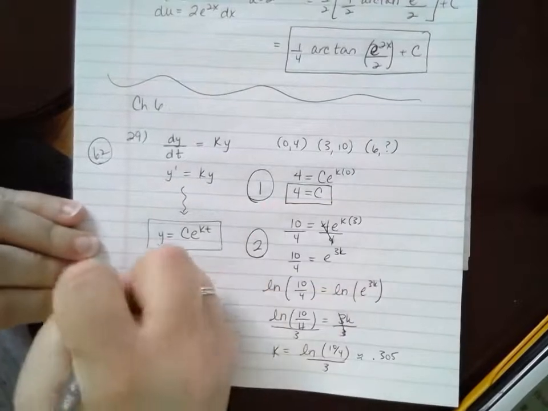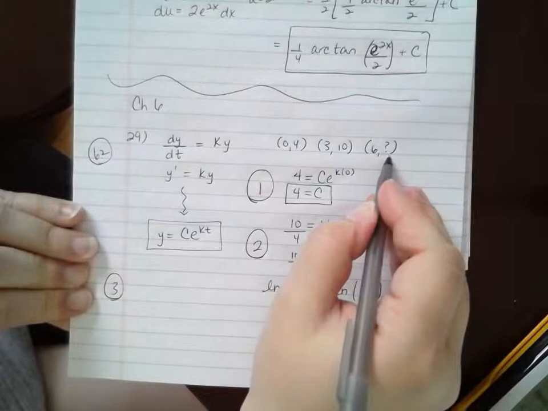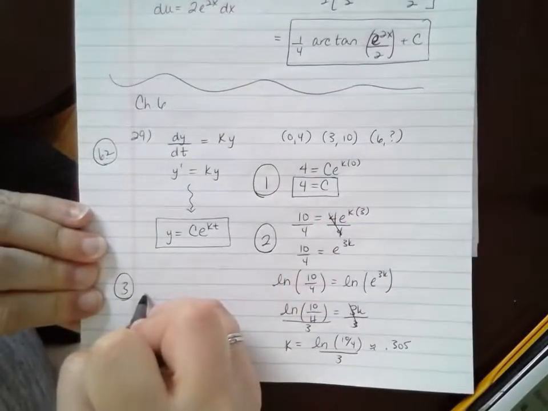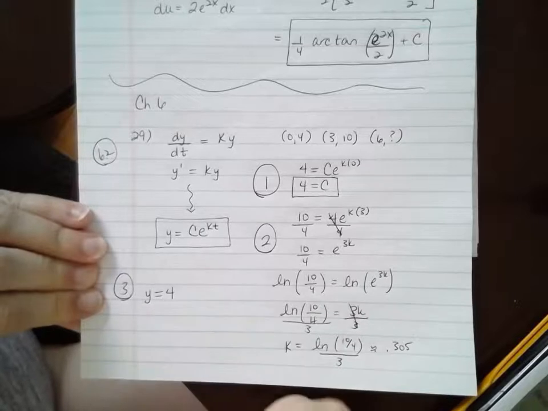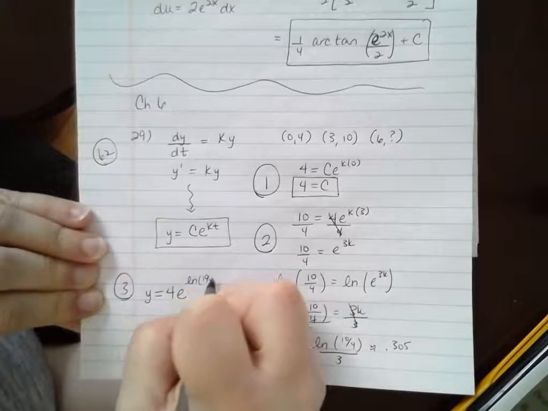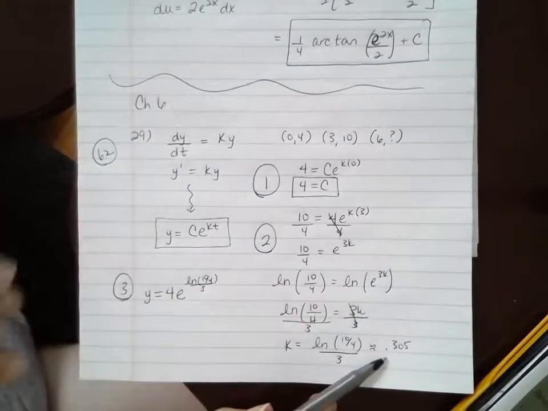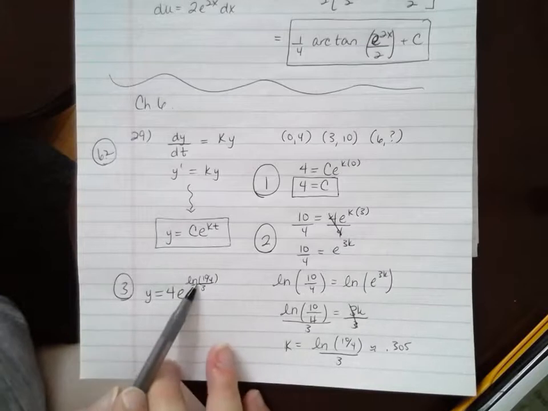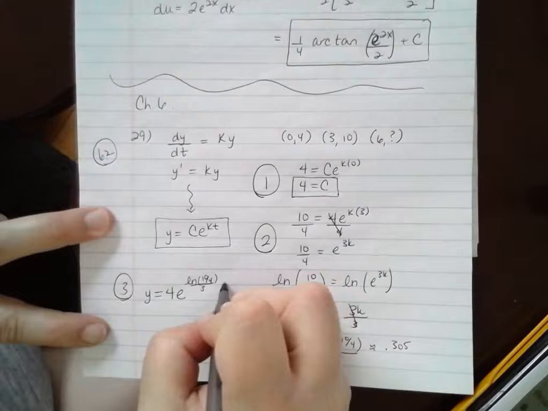And now the third thing is by taking this t value, we're able to figure out the y. I've got y equaling 4, which doesn't change, e to the natural log of 10/4 over 3. If you want to write 0.305 here, you can, but I would suggest that you actually use the exact value instead, times 6.